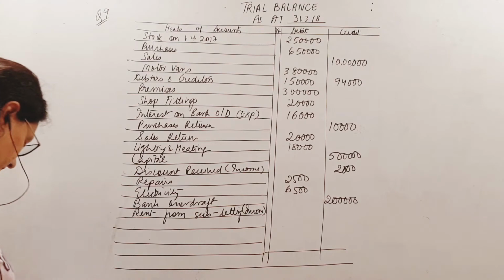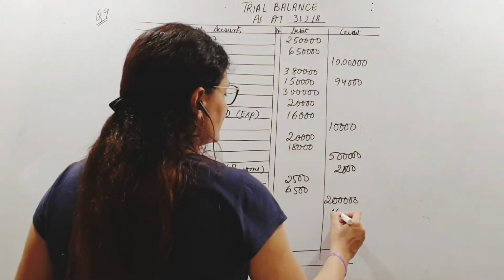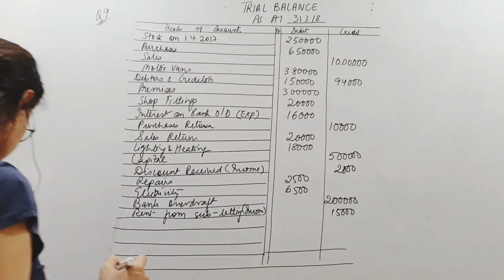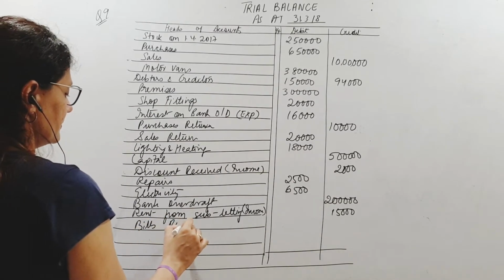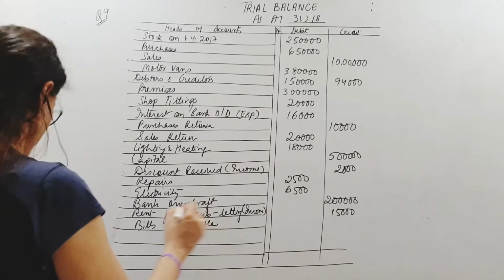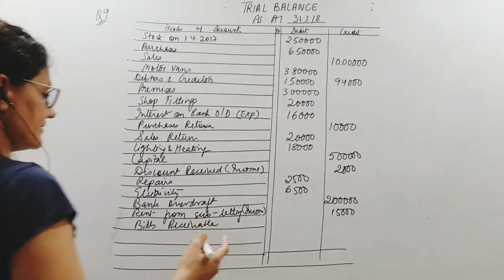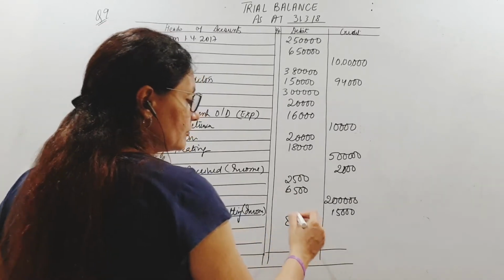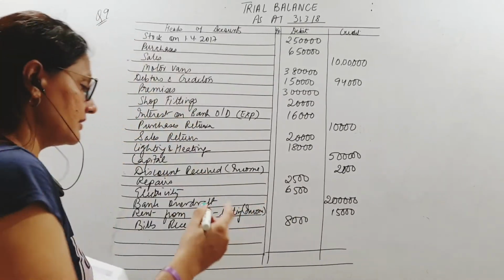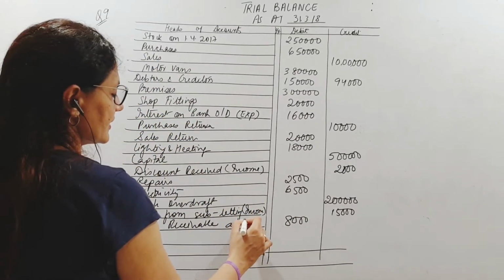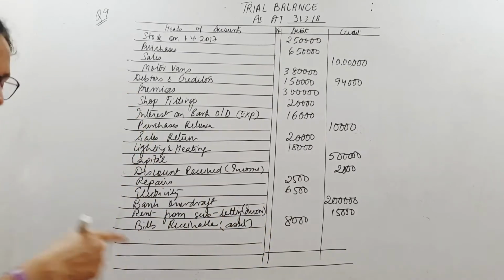Please remember that. Therefore, 15,000 on the credit side. Then, bills receivable. Bills receivable meaning an asset. You will receive amount from these bills. Bills receivable is an asset. Bills payable is a liability. So this is a current asset which will obviously be debited.